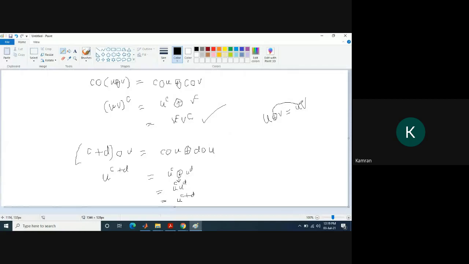Okay, sir. Now the base is the same, we can add the powers. Yes, sir. It is a vector space.